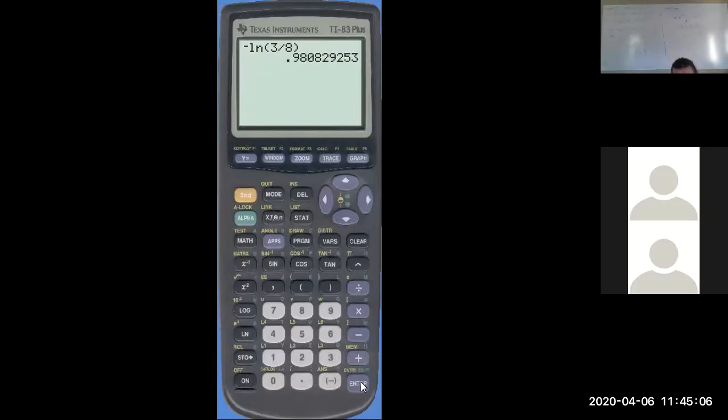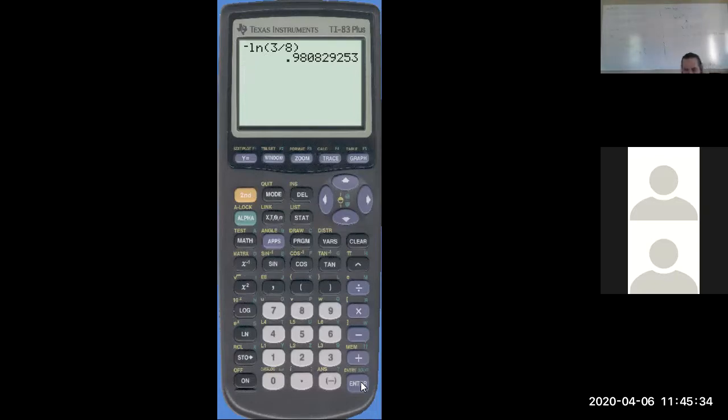And I get out 0.980829 blah, blah, blah. So I'll round that to 0.981. These are the number of hours it takes for that pot of water to cool down.